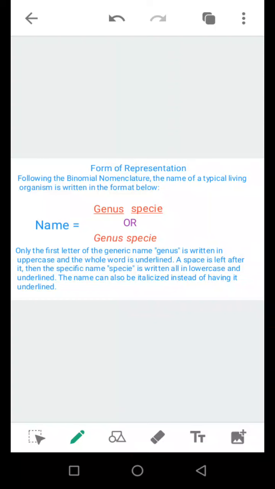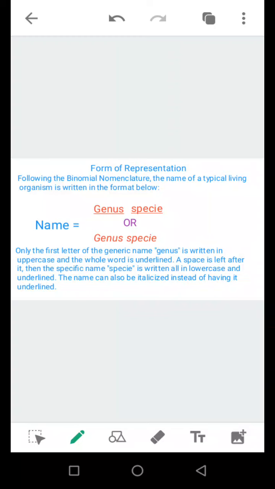Can you see it on the board? The other way is capitalizing the first letter of the genus and writing the rest in lowercase, then leaving a space in between and writing the specific name, which is the species, in lowercase all through, then italicizing both the genus and the species.